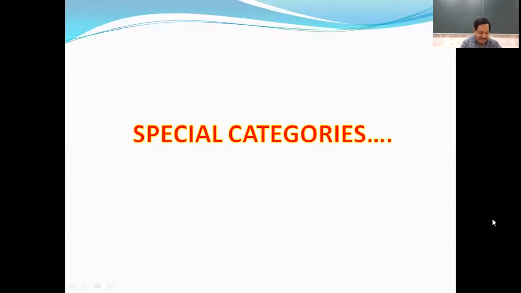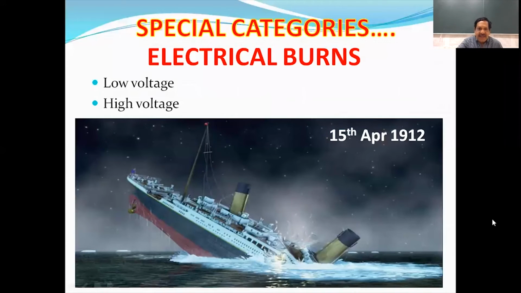Now coming to the special categories, electrical burns. Electrical burns can be low voltage or high voltage. If you see the picture, on 15th April 1912, the Titanic, the ship which the engineers boasted would never sink, sank on its maiden journey from Liverpool to New York.